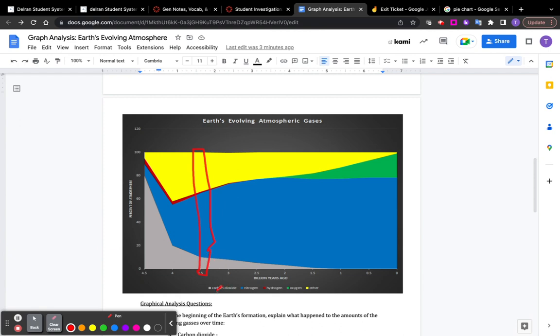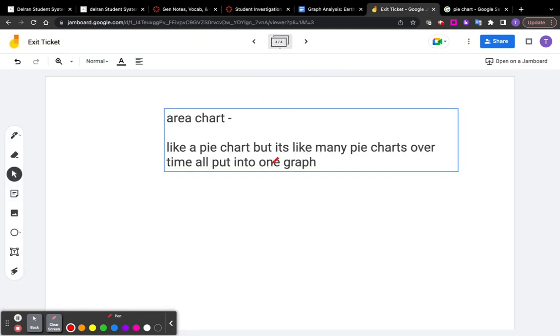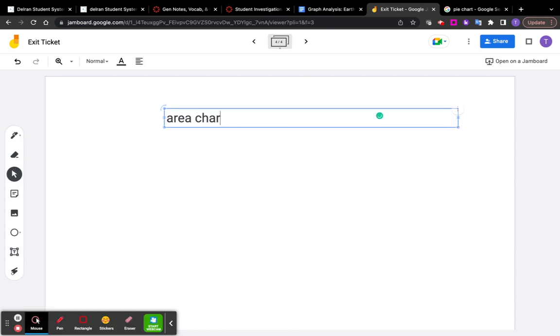The gray is carbon dioxide, obviously from the key. At 3.5 billion years, it ends here. So that's somewhere between 0 and 20. To me, it looks a little less than half. Or I could just make this easy. Let's say it looks like half. For carbon dioxide, I'd say it's about 10% of the atmosphere.